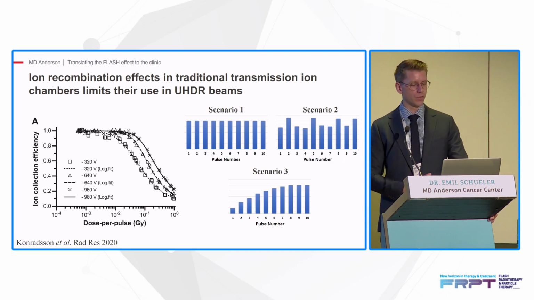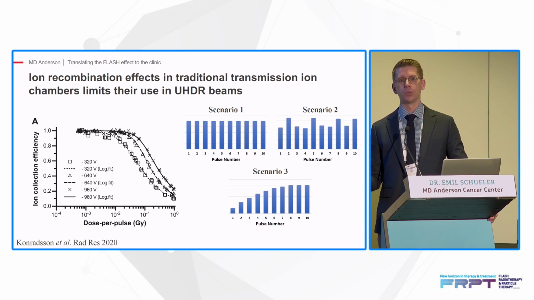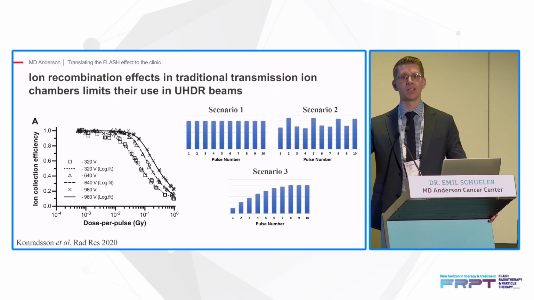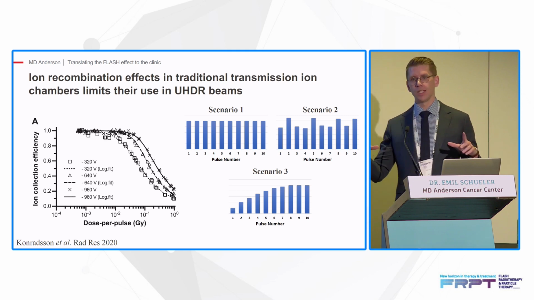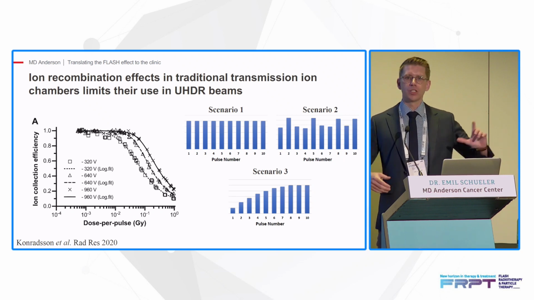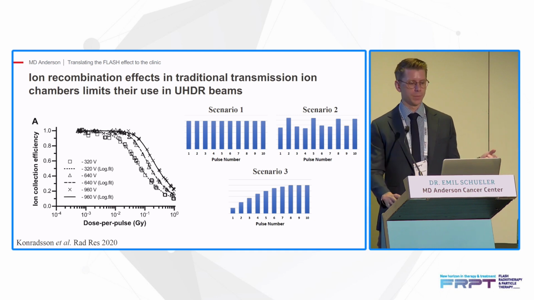This is the work here on the left, from Petersson's group, showing that you can model the relationship for a FLASH beam line and model the saturation effect therein, so that you are then able to use the monitor chamber for your beam delivery. Of course, you won't have any pulse-by-pulse information, in terms of time resolution, but you can still use it for overall beam delivery.